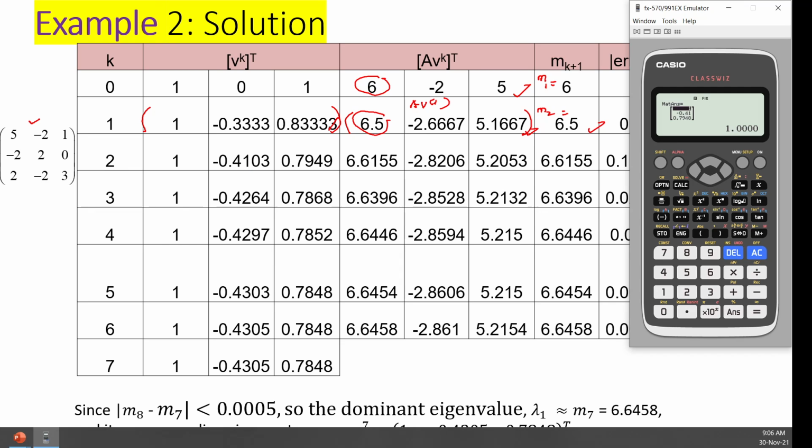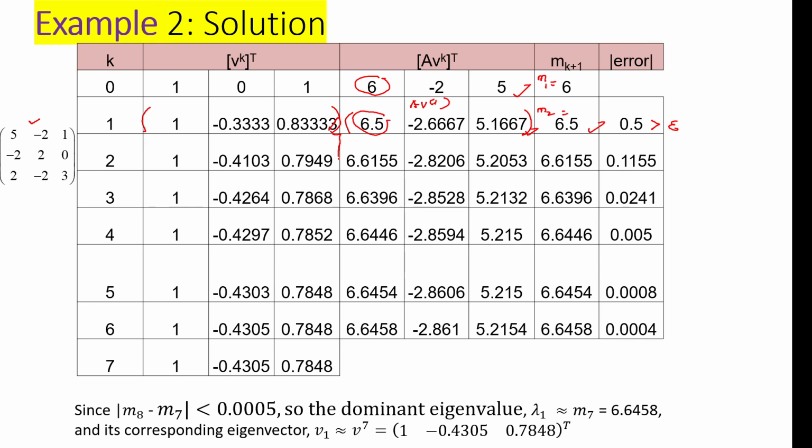So you have 1 here, negative 0.4103, 0.7949 here. Okay, max answer divided by 6.5, you get V number 2. With V2, repeat A times V2.